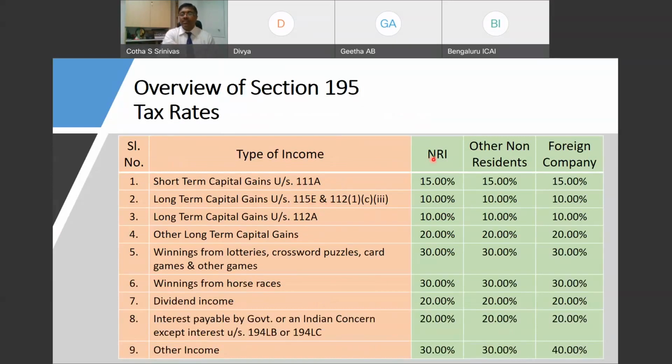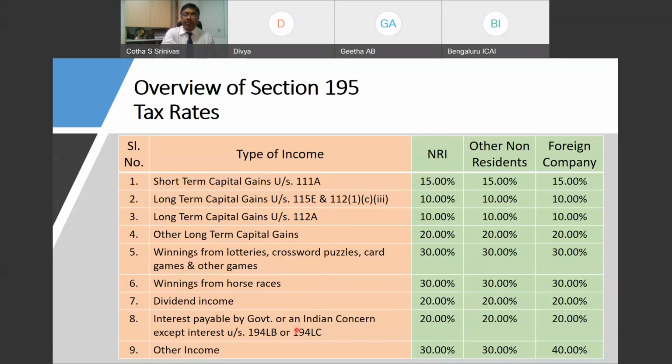So this is for non-resident individuals, other non-residents, and for a foreign company. Under section 111A, short-term capital gain is 15%, the same in all the cases. And 112(1)(c) and 112A is 10%. Then other long-term capital gain is at 20%. Then winnings from lotteries, that is casual income, at 30%, dividend income 20%.